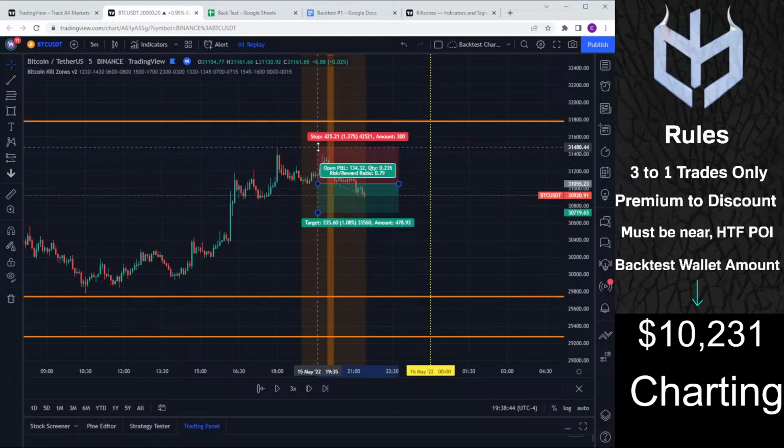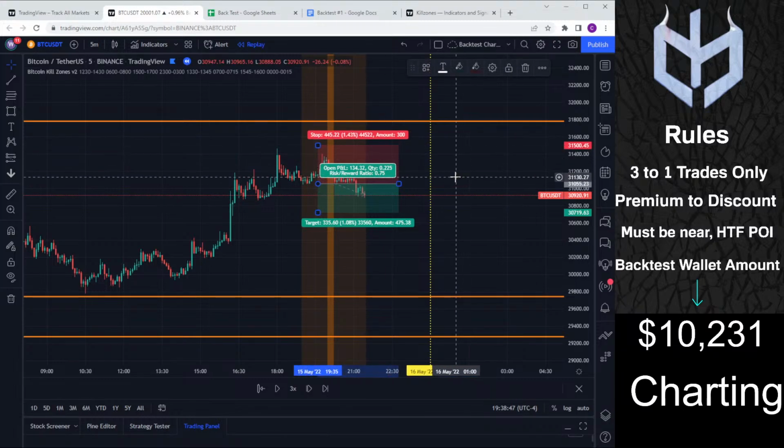Place the stop above the high. 31,500.45.